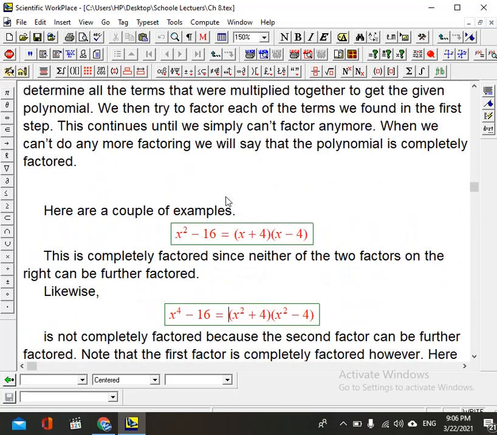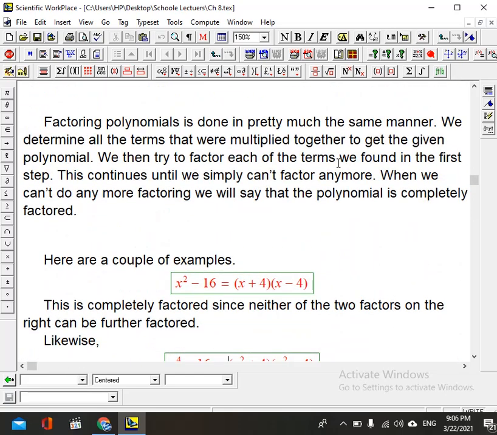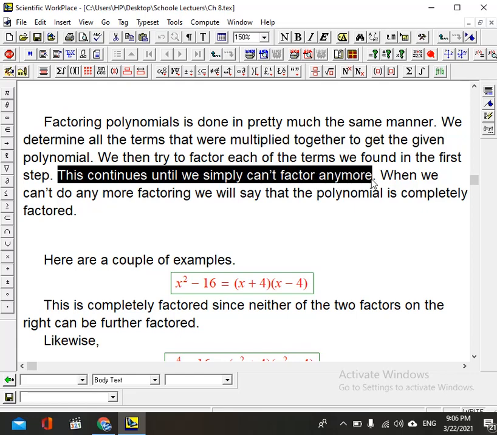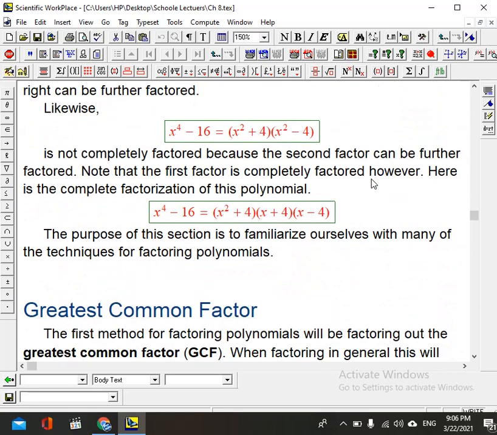As I said before, I factor first, then continue until we cannot factor anymore. Here x squared plus 4 is prime, but x squared minus 4 we can factorize again: it will be x plus 2 and x minus 2.